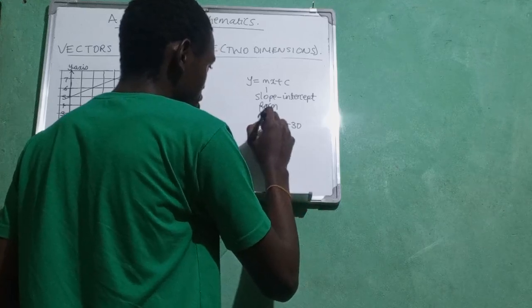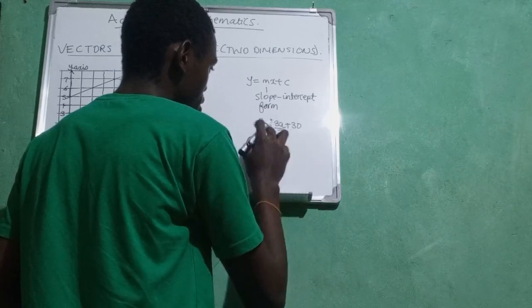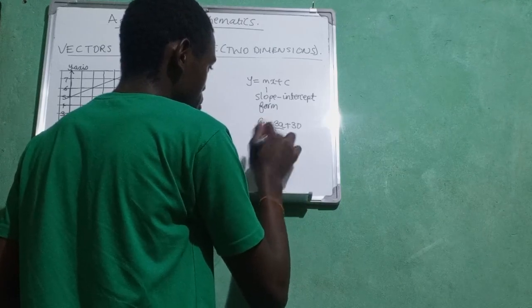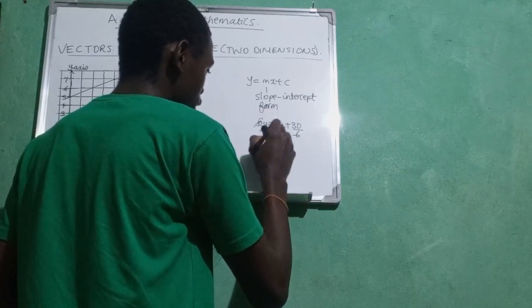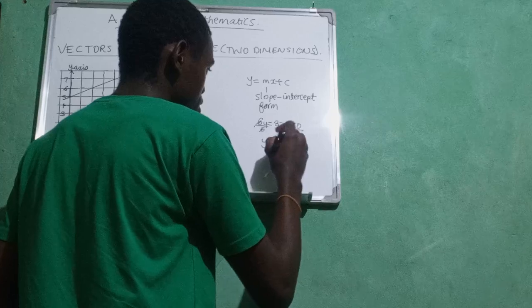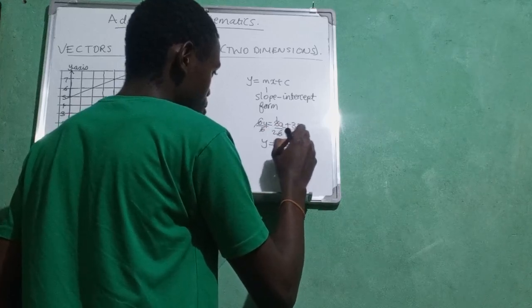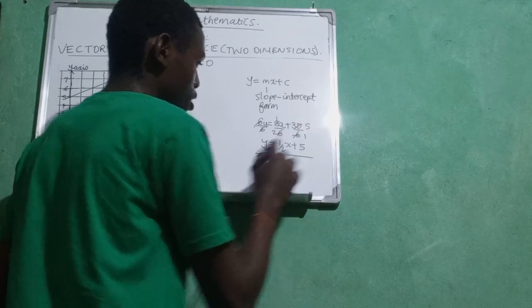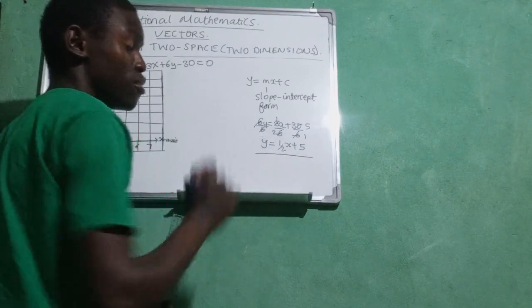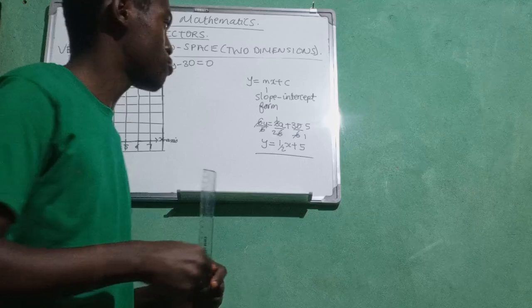Then we divide by 6 throughout, and we would get y is equal to a half x plus 5. So this is the slope-intercept form, or the gradient-intercept form.